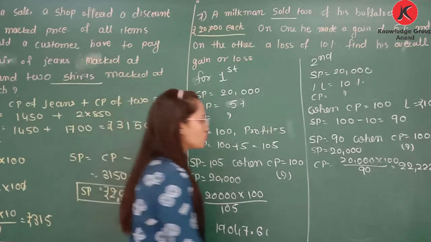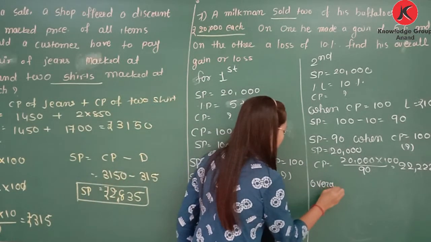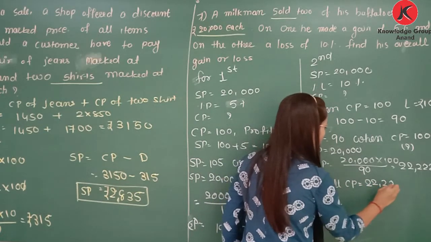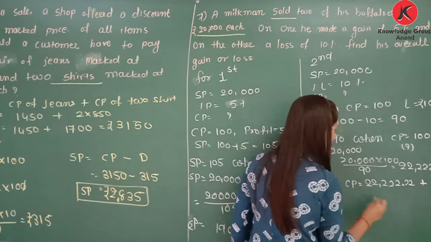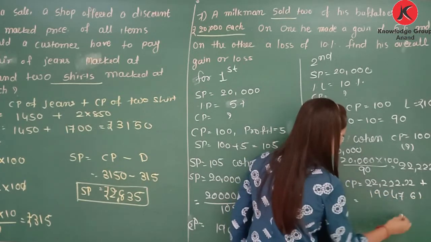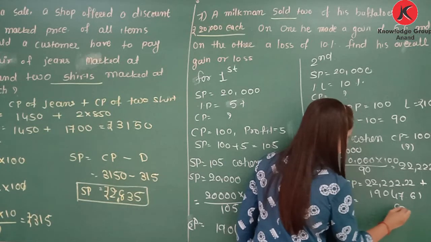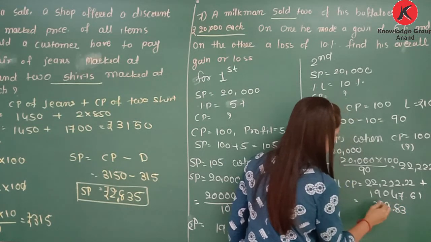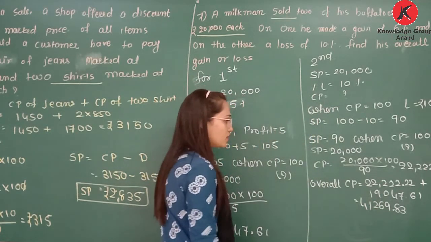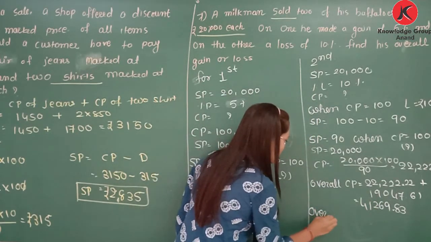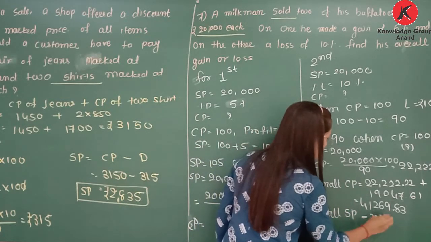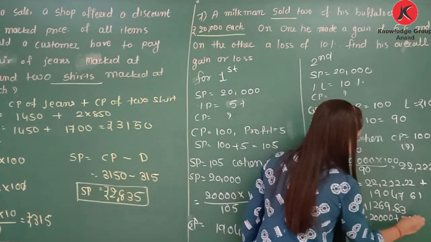This is the cost price of the first buffalo. So overall CP, that is 22,222.22 plus 19,047.61, so it is 41,269.83. Overall SP, that is 20,000 plus 20,000.